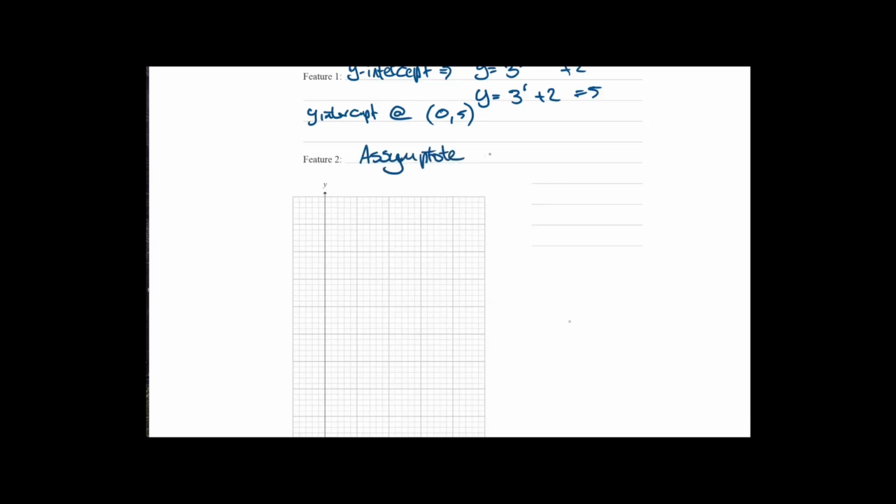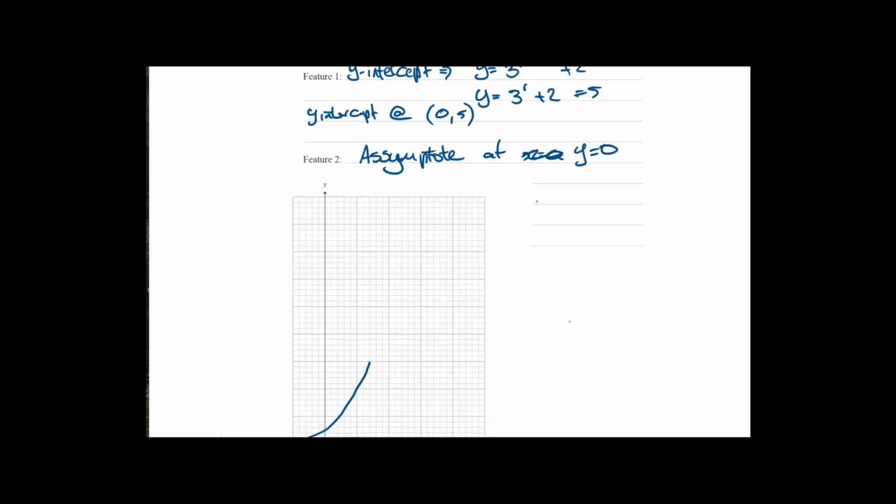So that means that if we zoom, looking kind of like that, it's going to get closer and closer and closer to the x-axis, but it's never actually going to get there. The asymptote is at y equals 0 actually.